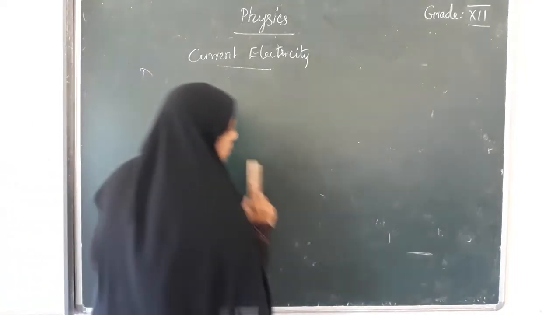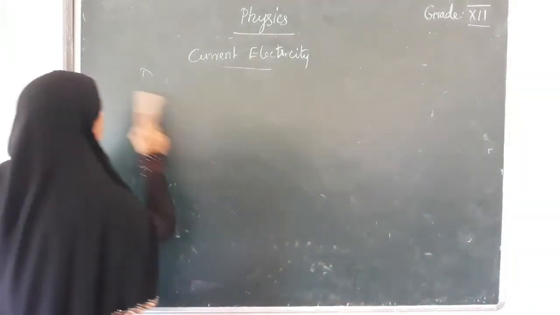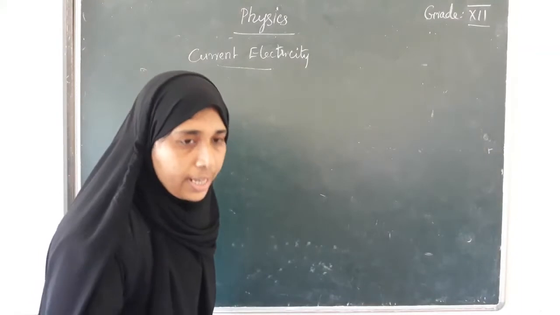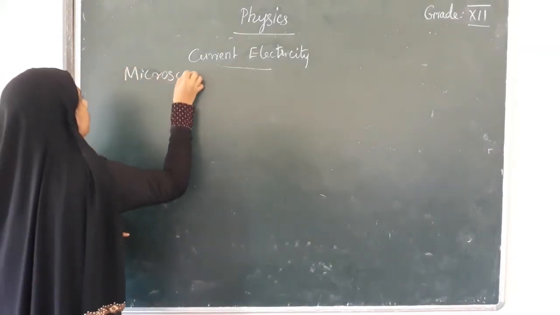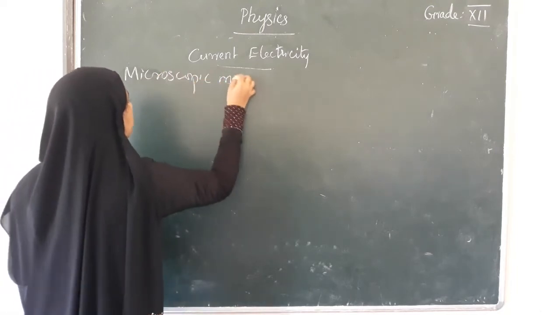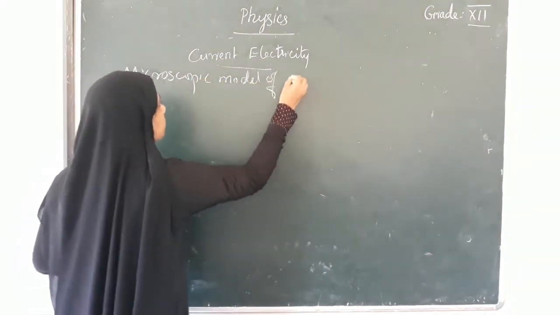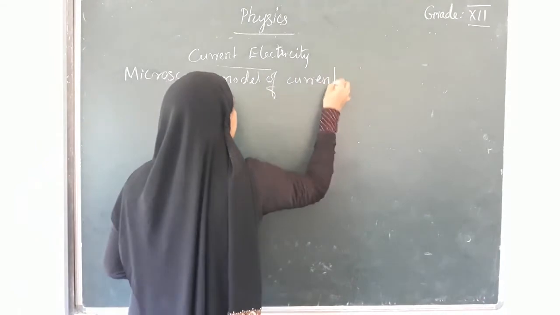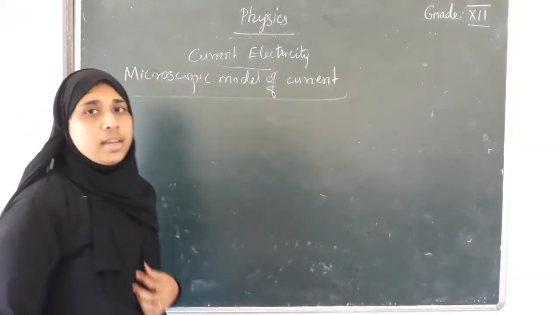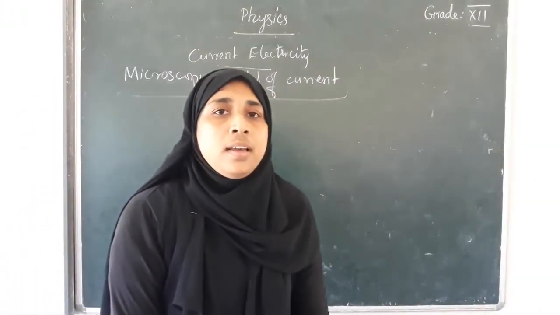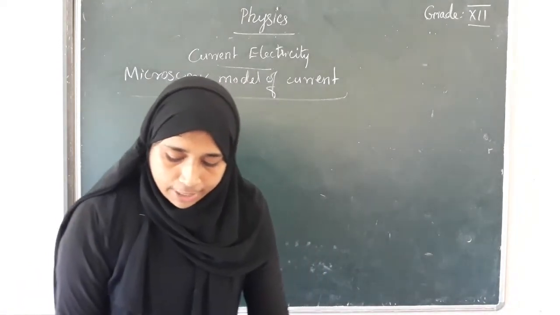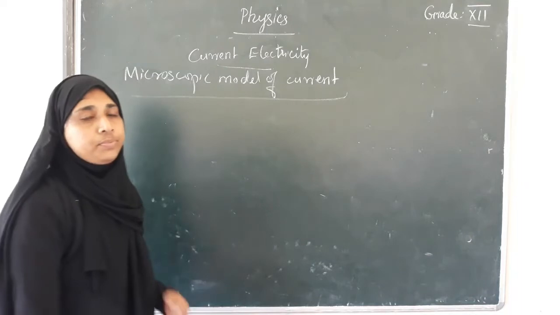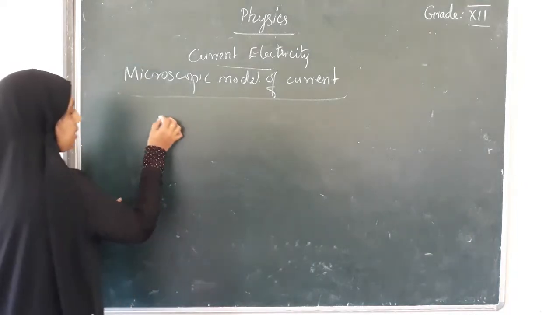The next topic is the microscopic model of current. So far we have discussed current, drift velocity and mobility. Now let us see the microscopic model of current. So consider a conductor.